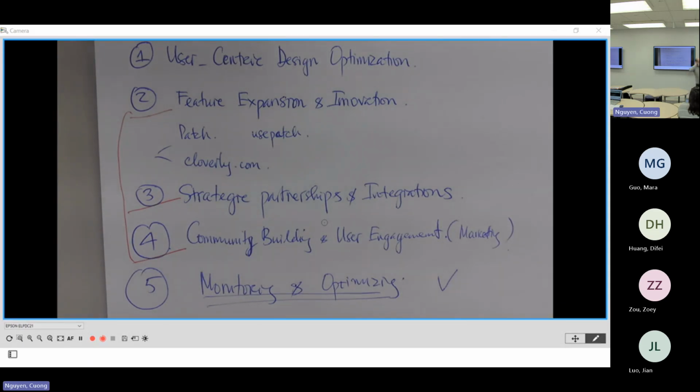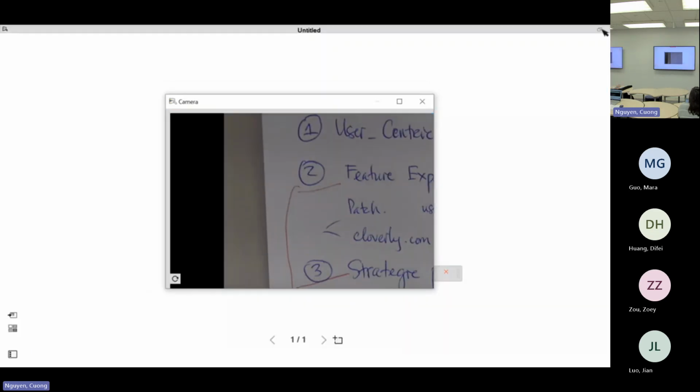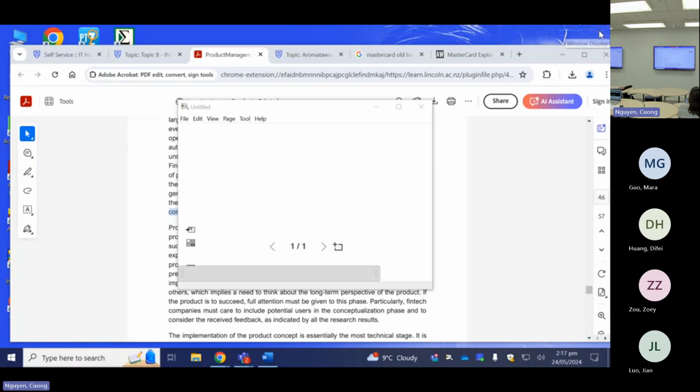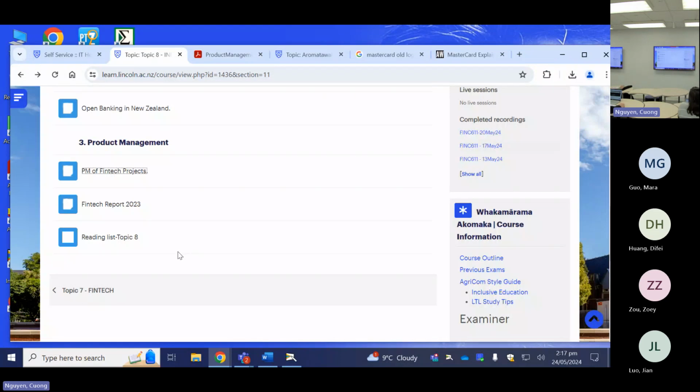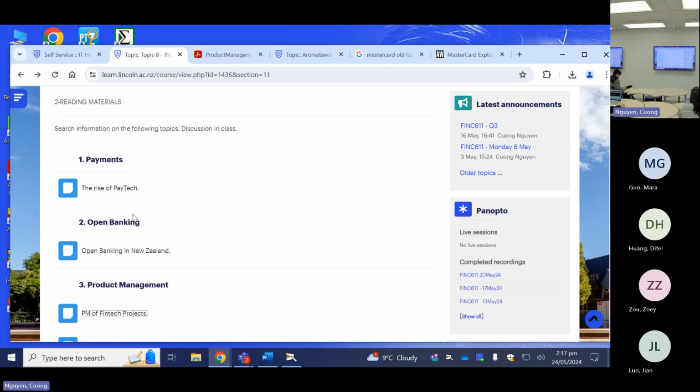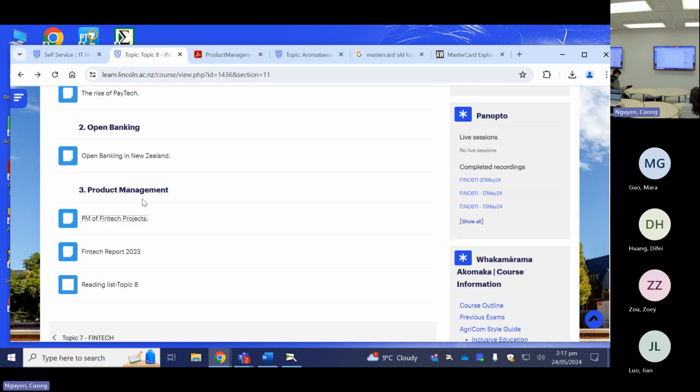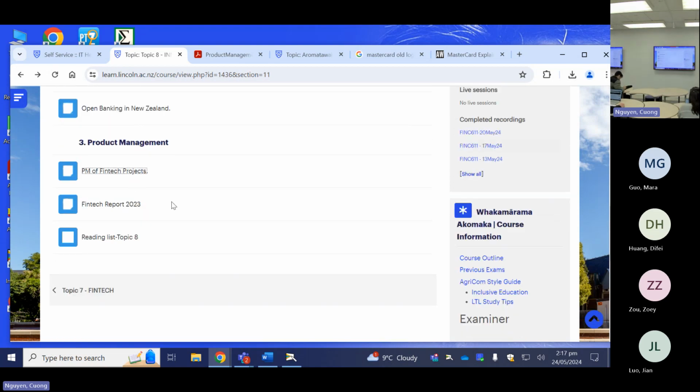So remember what I provided on the learning platform related to this as well. If you have time, remember to have a look at all the documents that you are provided: payment, open banking, and product management.